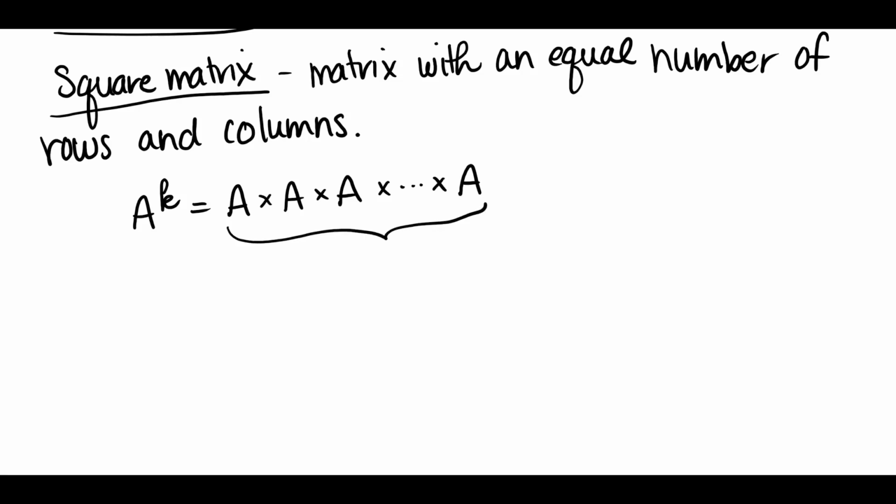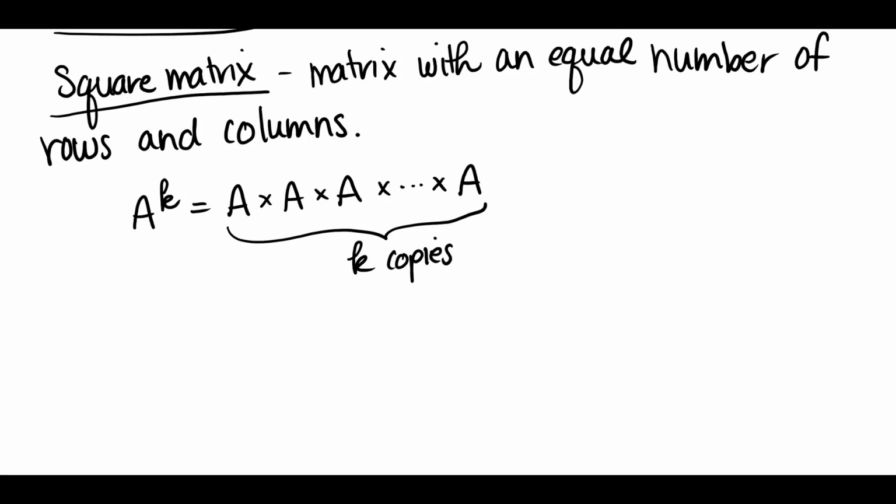As long as A is square, I can do this, but there are k copies of this matrix. Okay, that's what it means, where k is a positive integer. So we need to make sure that we have a square matrix to do that, and that's what we mean by taking A to the kth. And we said that's true for any k as long as k is a positive integer.